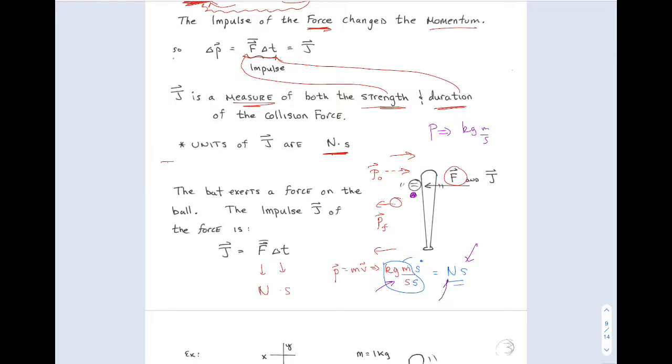That refers to the bat exerting a certain force in newtons over a period of time in seconds. So it wouldn't be wrong to give momentum in these units, and it wouldn't be wrong to give impulse in those units. It's just customary that if you're going to give the units of momentum change of the ball, use those. If you talk about the impulse that the bat gave to the ball, you use those.